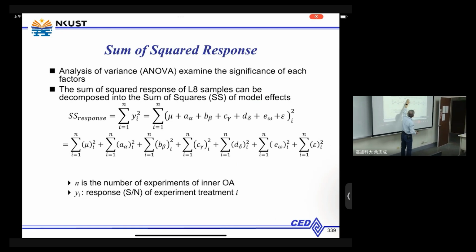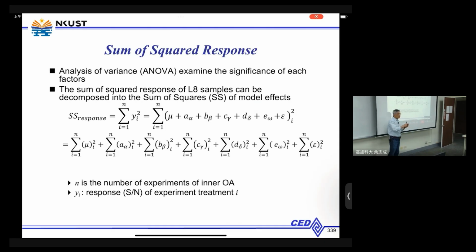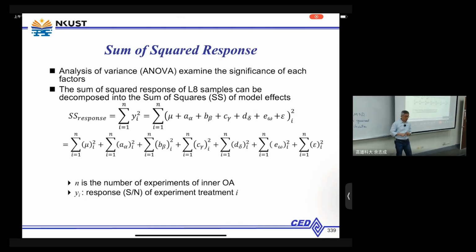I skip this process, but if you check the internet, you will find the explanation of why the interaction terms vanish. Just similar to what we did before, for those interaction terms you will find a summation of the main effect term, and the summation of a main effect, A1 plus A2, will be 0.